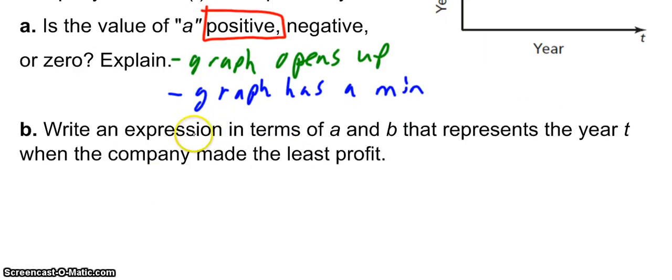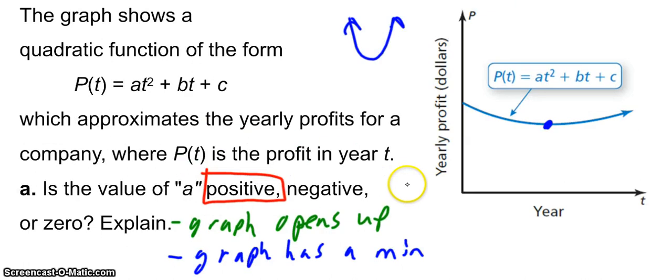Okay. Next part, write an expression in terms of a and b that represents the year t when the company made the least profit, right? So what is this saying? Well, this is a really fancy way of saying what is the h value of the vertex. So if this is my vertex, (h, k), then h represents t when this occurs.